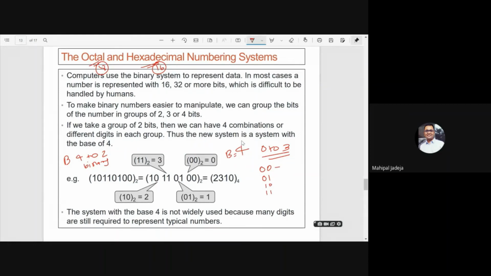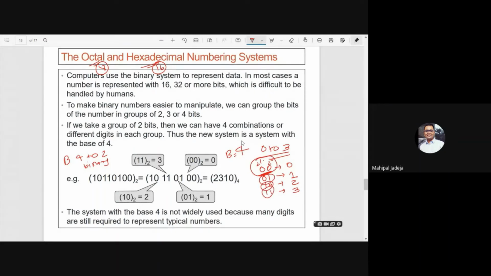This 0 0, if I convert it into base 10, will be 0. This position is 2 raised to 0, and this is 2 raised to 1. So 0 1 is 2 raised to 0 times 1 plus 0, which is 1. This one corresponds to 2, and this one corresponds to 2 plus 1, which is 3. So using 2 bits, I can represent the base 4 system.